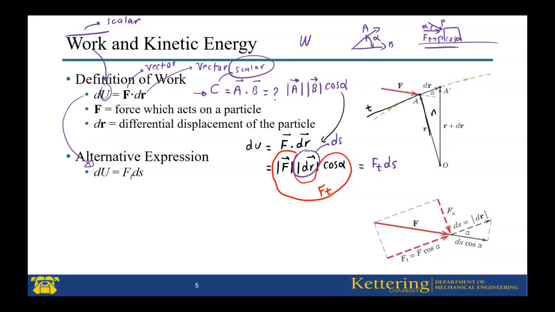Similar to this one, or F or P. If this one is moving on a curved path, along the tangential direction it will be F cosine alpha multiplied by the displacement, which is ds. That means another alternative expression for the work is du equal to Ft ds.